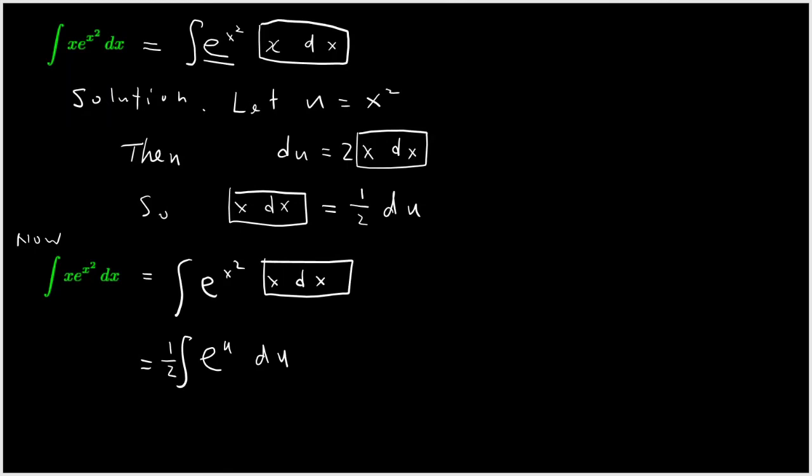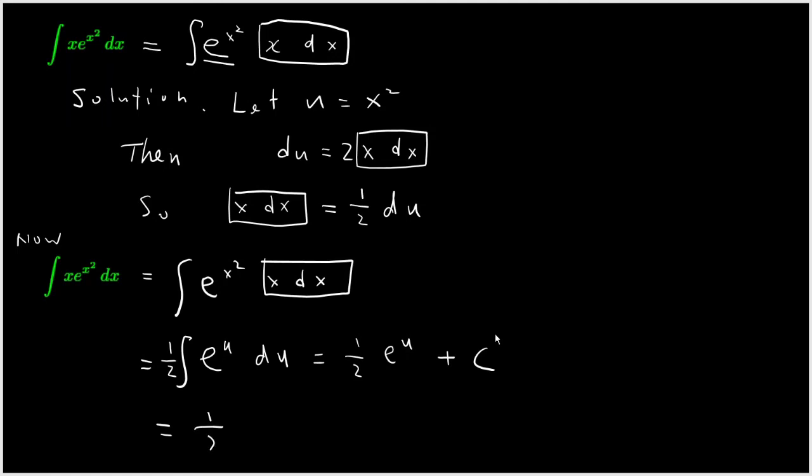Now we're ready to evaluate the integral, which is simple, right? So this is 1/2 times e to the power of u. The antiderivative of e to the power of u is e to the power of u. After getting the antiderivative of e to the power of u, you add the constant c. Finally, write the final answer in terms of x only.